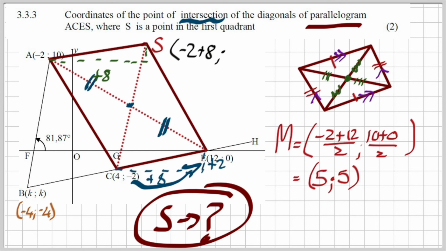I take the x value, the -2 of A, and add 8 to that, which gives me 6. And then 2 units up, so I take the y value, the 10, and add 2 to that, which means S's coordinates are 6, 12. And then ACES is a parallelogram.